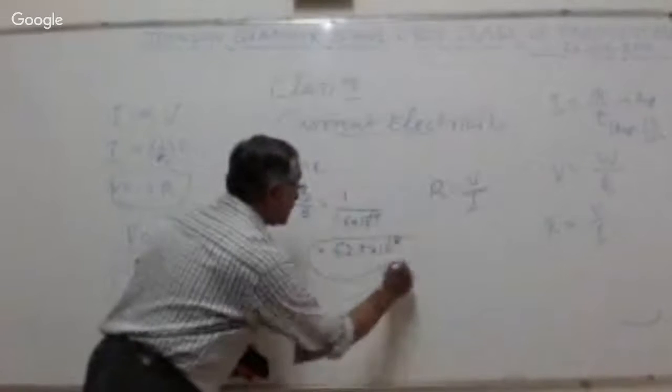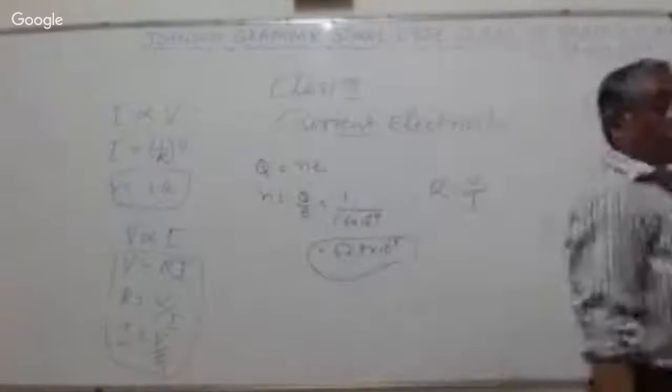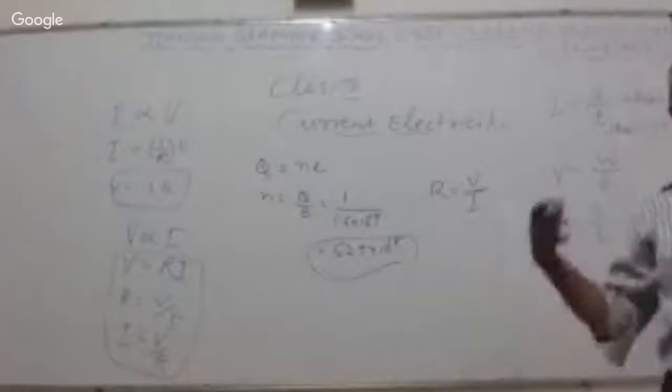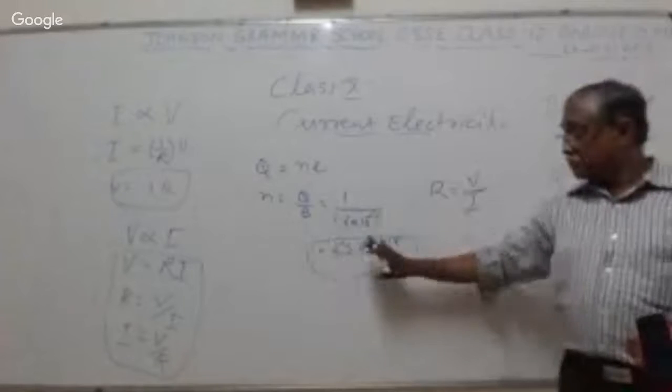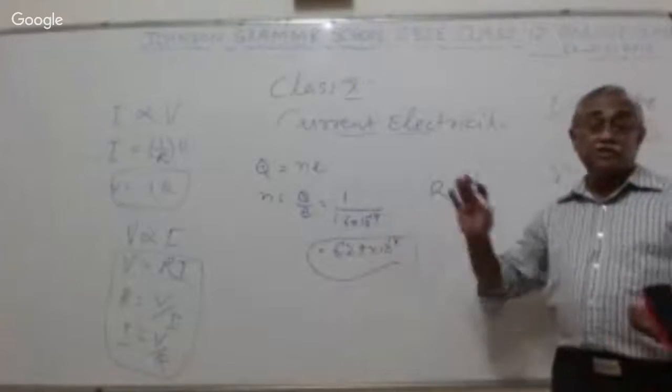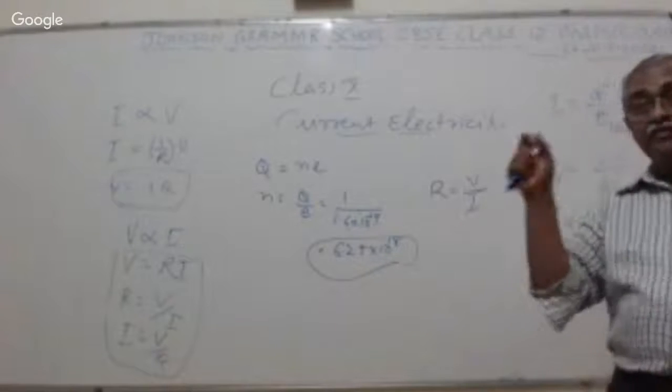So this is a huge number. Normally, in 10 lifetimes, you may not be able to count this number of electrons. 6.25 into 10 to the power of 18 electrons flow in 1 second from one point to another point.